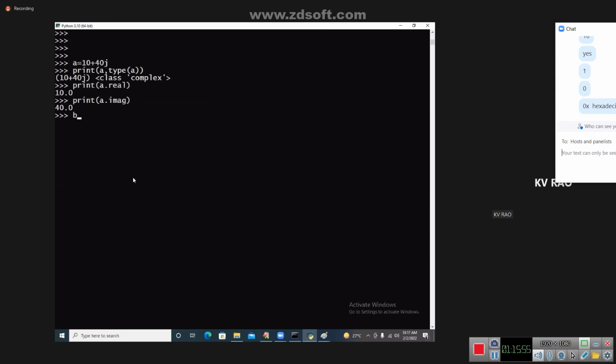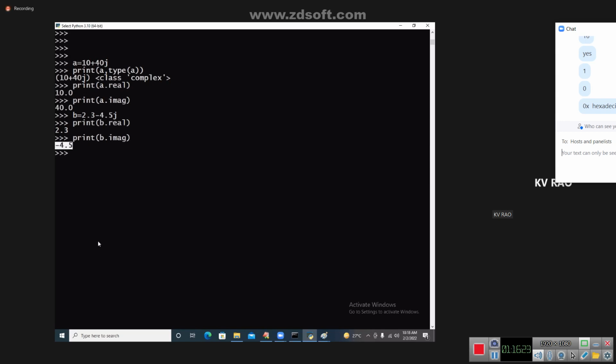One more time I will write it. B is equal to 2.3 minus 4.5j. Print of B dot real. See, 2.3 is 2.3 only. Next, B dot imag, which is going to print minus 4.5.